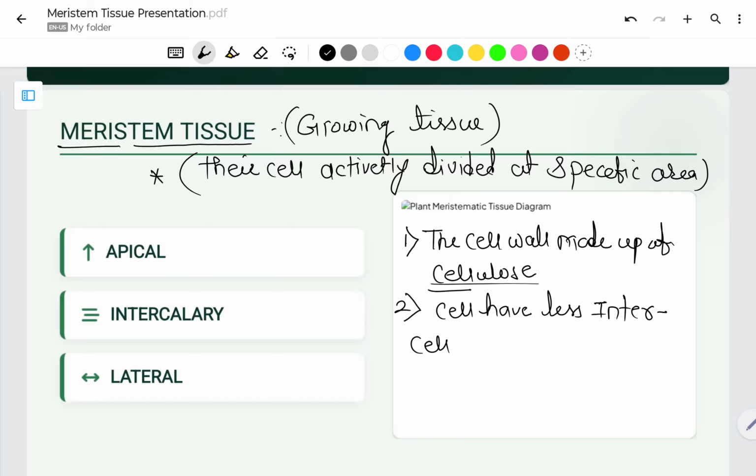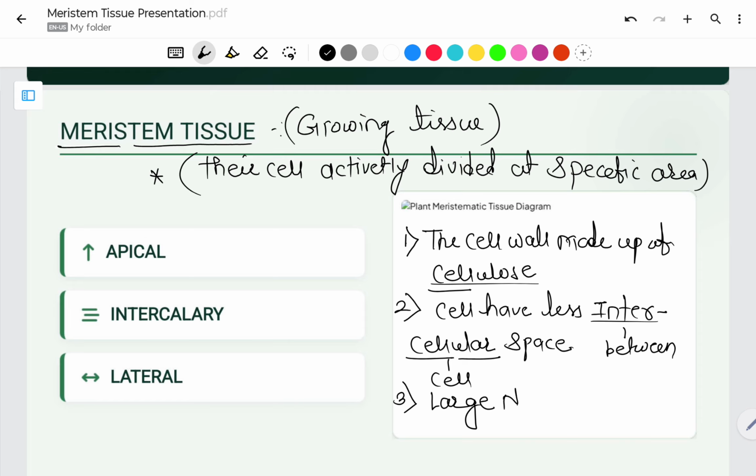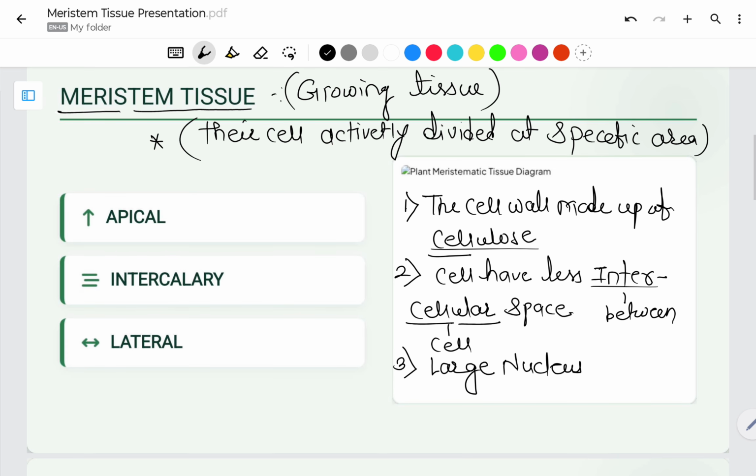Inter means between, so the cells have less space between two different cells. Third characteristic, a large or prominent nucleus.